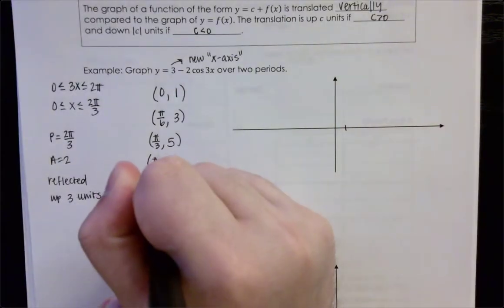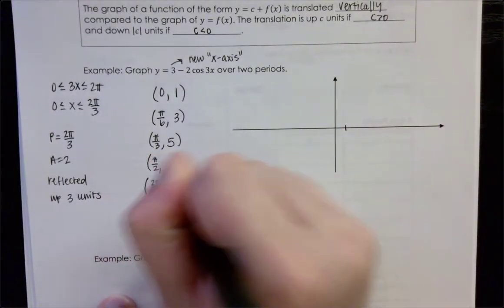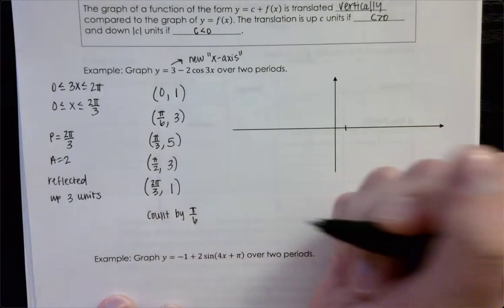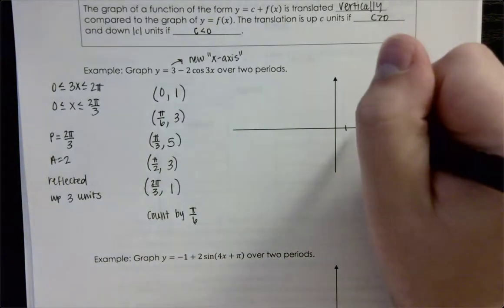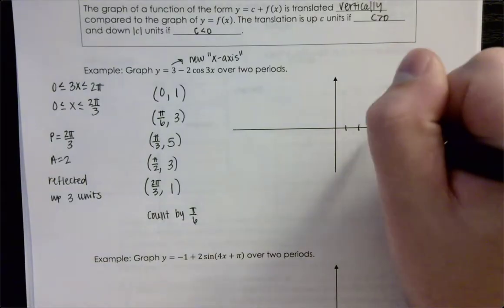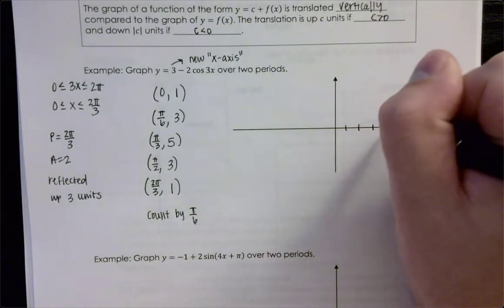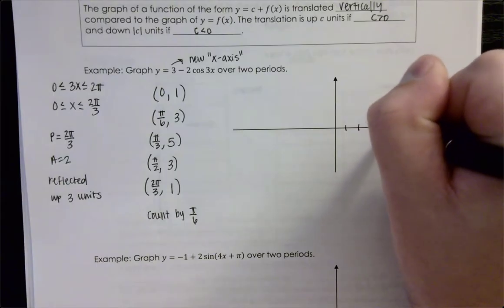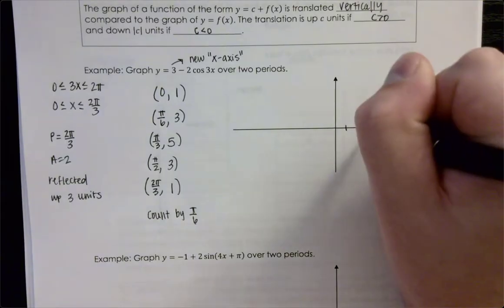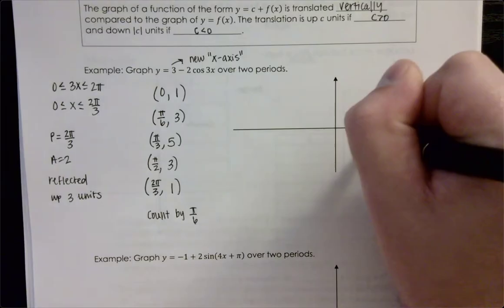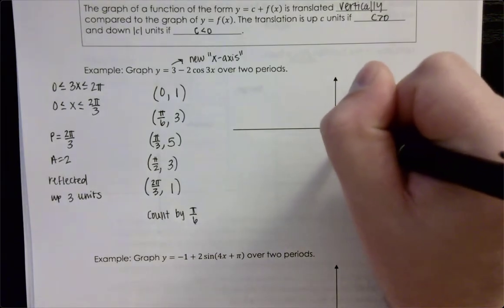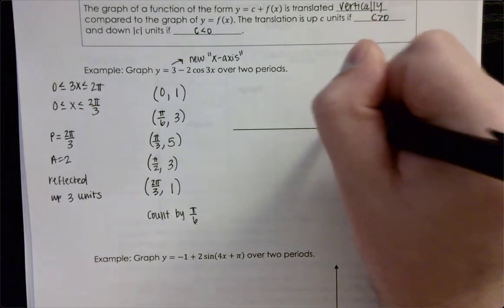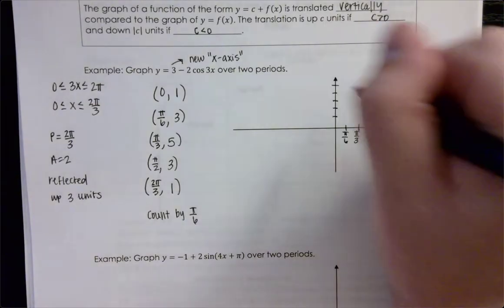And we're going to count by pi over 6, because my highest denominator is 6. So pi over 6, 2 pi over 6, 3 pi over 6, 4 pi over 6. One, two, three, four, five.